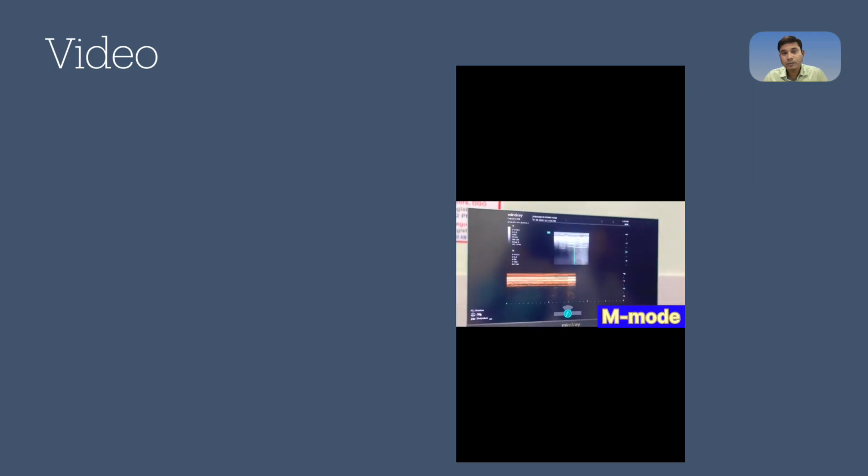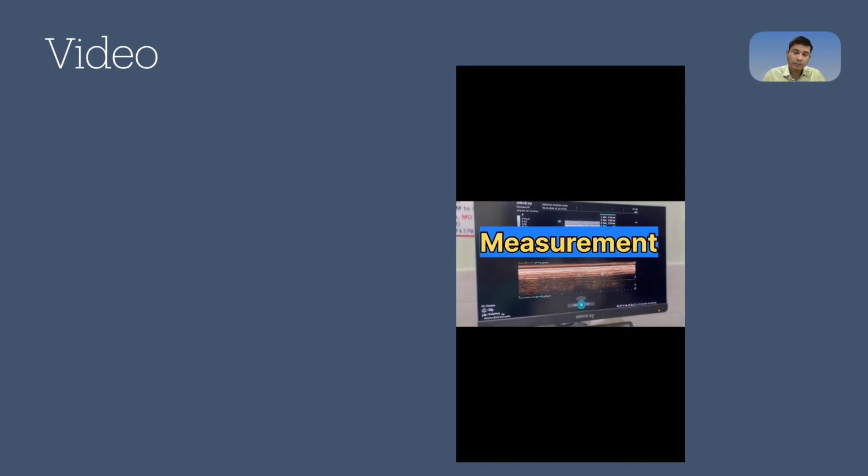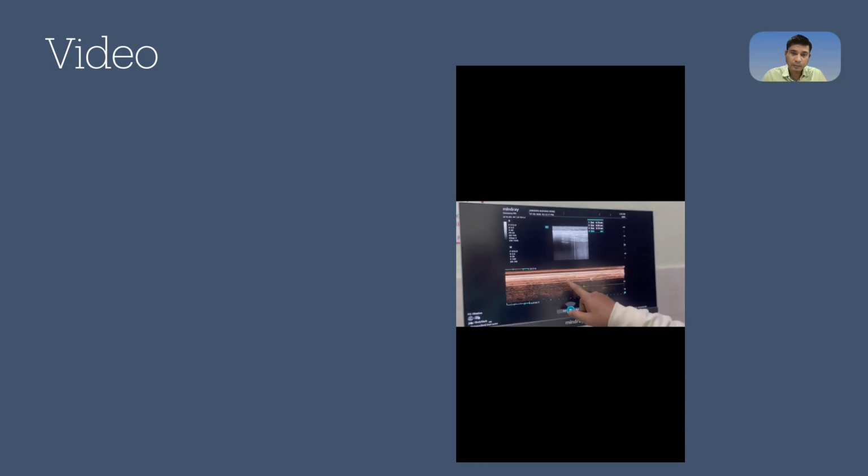As you can see already M mode is on, and I have placed the sample gate at the level of diaphragm. So we will take all the measurements by freezing the M mode. So here is the measurements. I have already frozen the image for you.